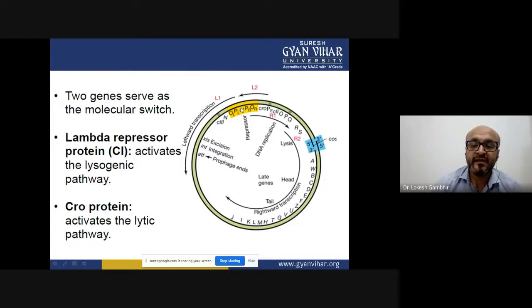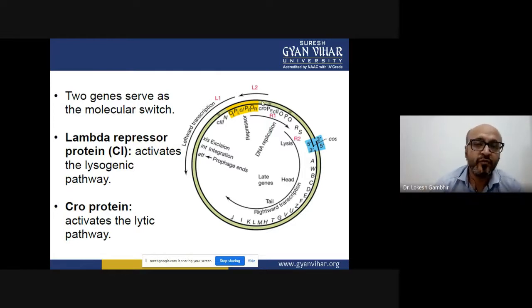If this C1 gene gets activated, the lambda phage will go for lysogeny. And if the CRO protein gets activated, it will go for the lytic cycle. It should be very easy to remember: CRO is lysis, and C1 is for lysogeny.